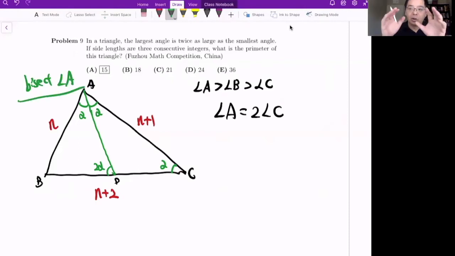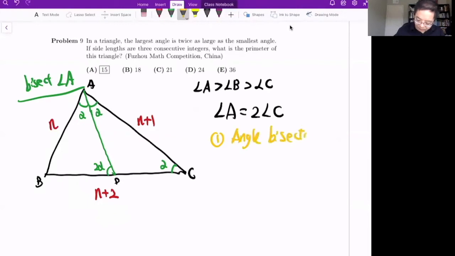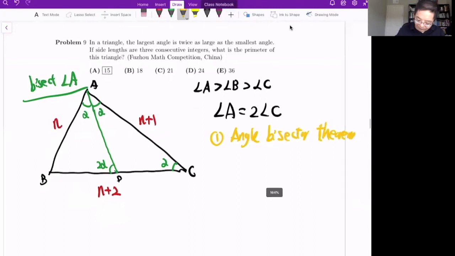When we see an angle bisected, one thing we should immediately think of is the angle bisector theorem, right? So by the angle bisector theorem, we have AB over AC equals BD over DC.